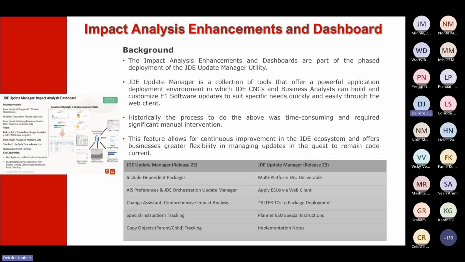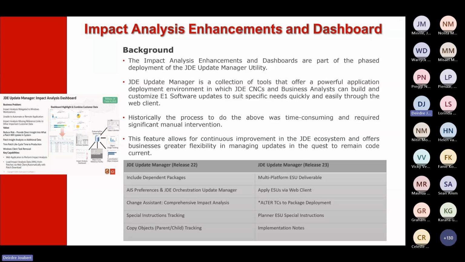So a bit of background, the impact analysis enhancements and dashboards are part of a phased deployment of the Update Manager utility, as previously mentioned. And this is a collection of tools that offers a powerful application deployment environment in which CNCs and PAs can both customize E1 software updates to suit specific needs quickly and easily through the web client, without the need to use the deployment client anymore.